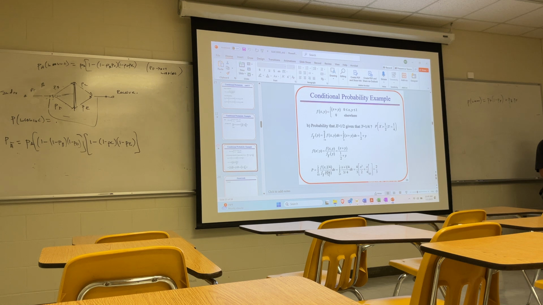And then the probability that x is greater than half, now we do have the right density function. f of x, y is on top, but here y is 1/4. It's important that you see now we put in the actual value for y there. y is 1/4, and f of y here is just evaluated as a constant, 3/4. Then do the integration, you get 2/3.